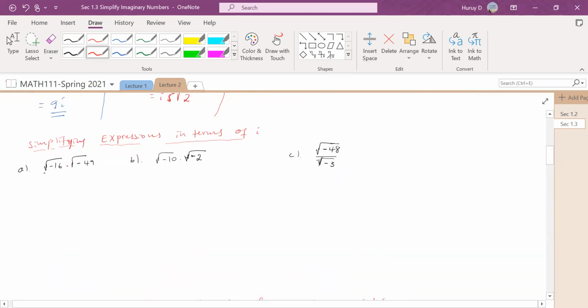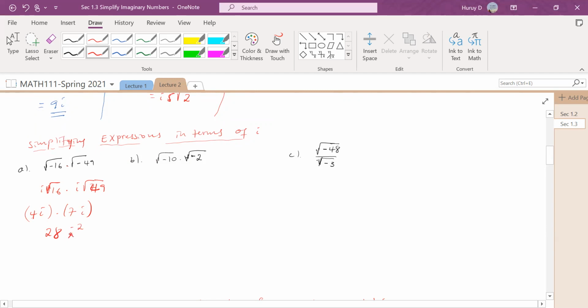The first one is i square root of 16 times the second one, i square root of 49. The square root of 16 is 4, so I write 4i, and the square root of 49 is 7, so I write 7i. Now for the product, you multiply the real numbers, so it will be 28, and then i squared.